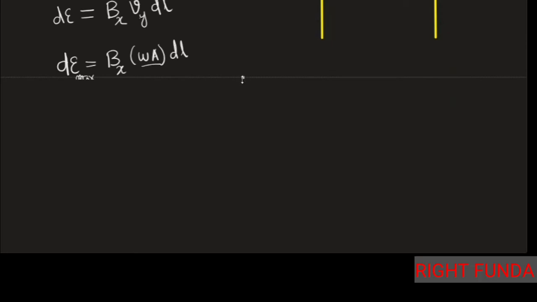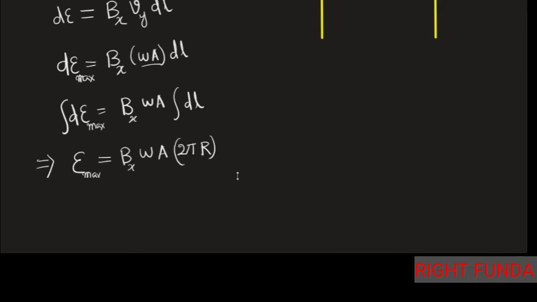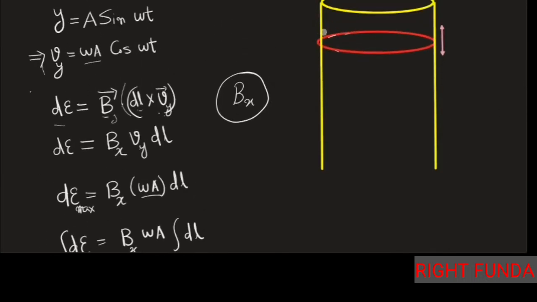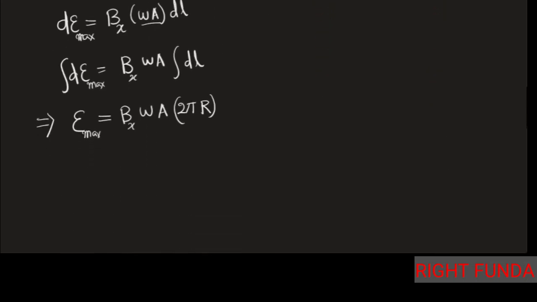If I integrate this small emf, I will get the total emf on the ring. Bx is a constant quantity, omega is constant, and the amplitude is constant. So I can write E max equal to Bx omega a, and over the whole length I integrate dl, which equals 2 pi r. So the maximum emf induced is Bx omega a into 2 pi r.